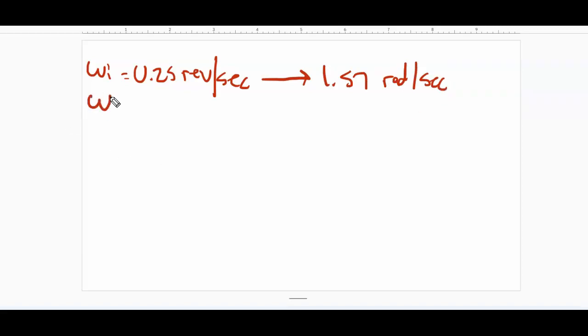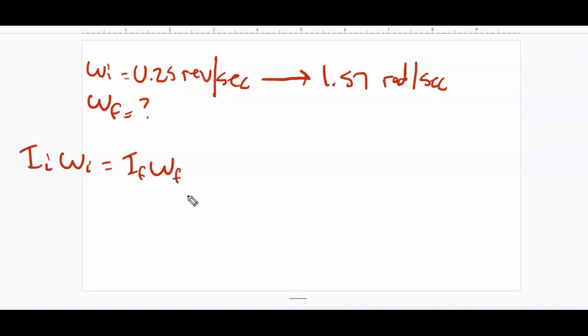Now the question is asking, what is the final angular velocity? You might be asking yourself, why would it change? Why would it spin faster or slower just because a man is walking? What happens is as the man walks towards the center, the moment of inertia changes, and so the equation for conservation of angular momentum is I initial omega initial equals I final times omega final.